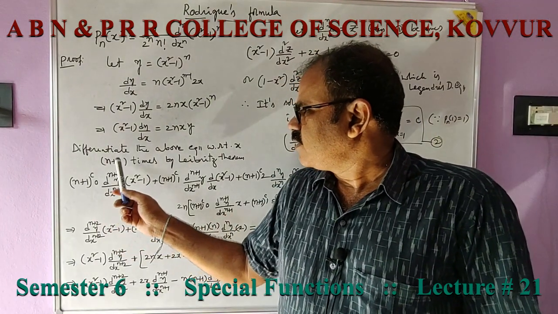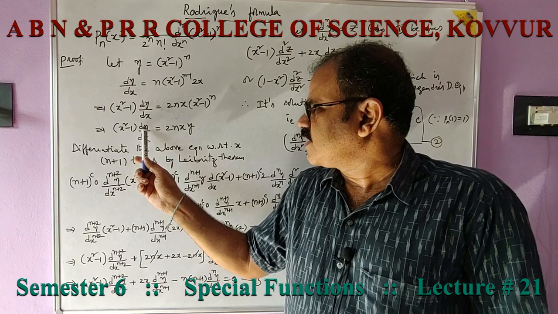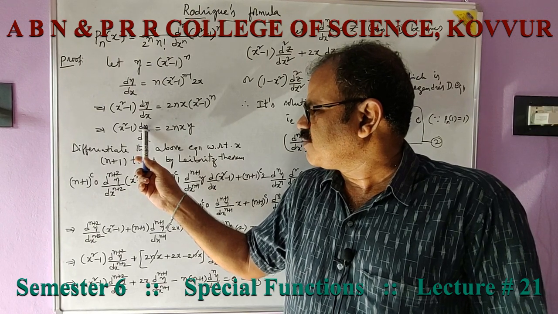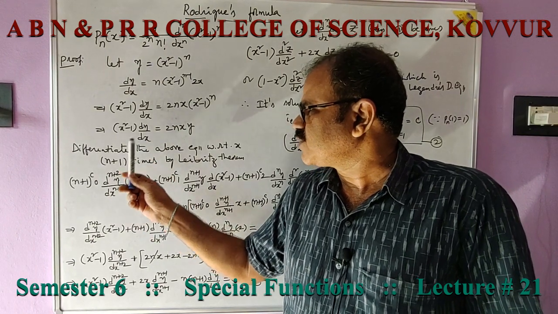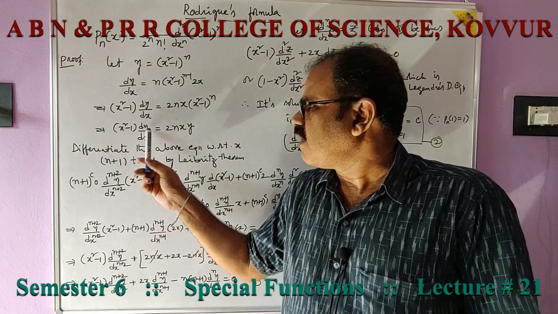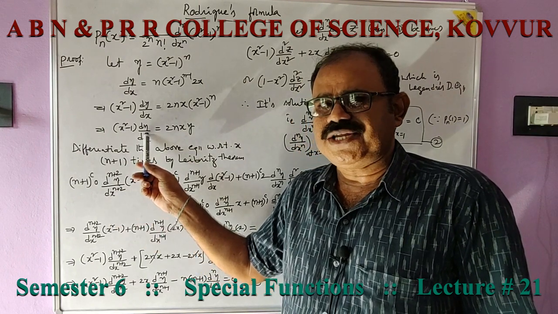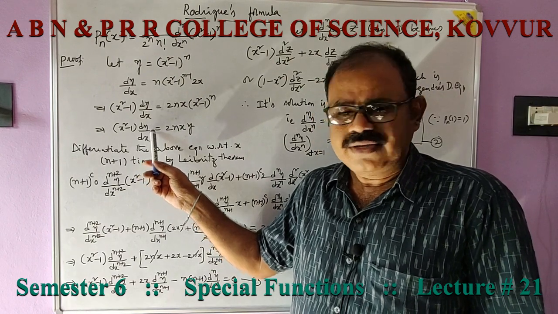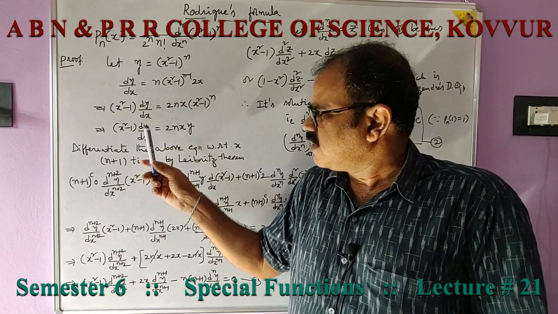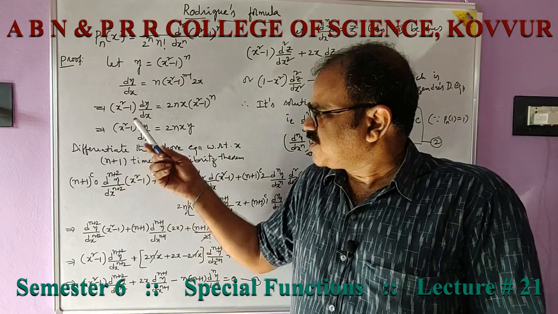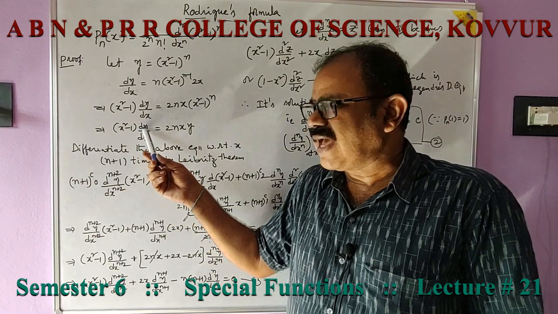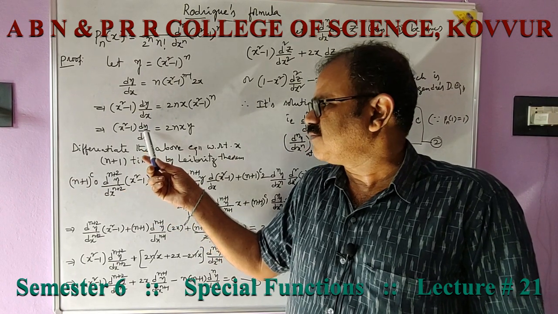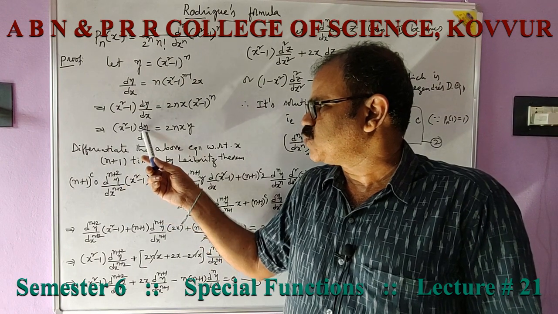I take dy by dx as the first function, with the n plus 1th derivative. Already this is a first derivative of order 1, dy by dx, once differentiated. Differentiating n plus 1 times, this becomes n plus 2 times.